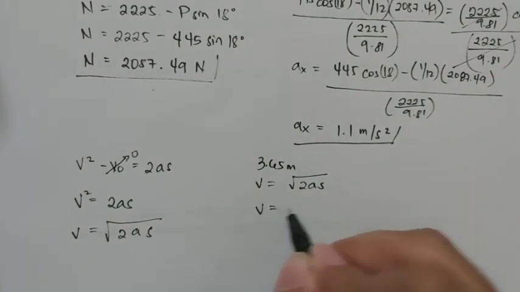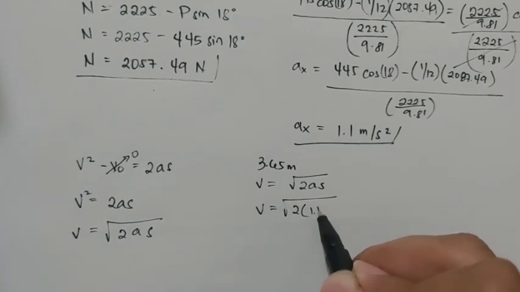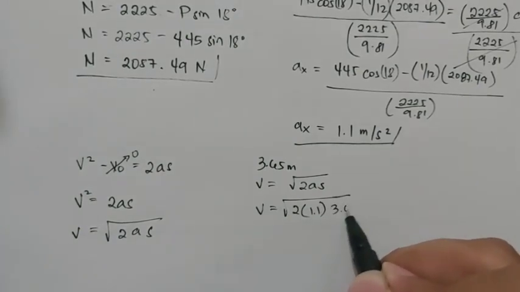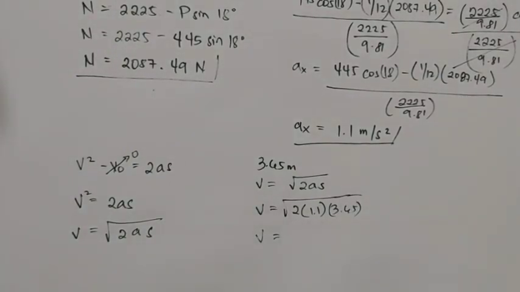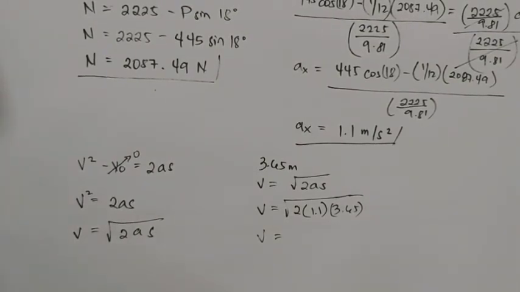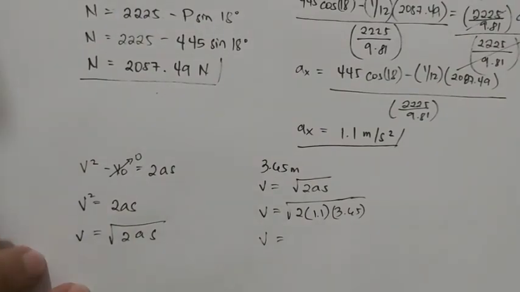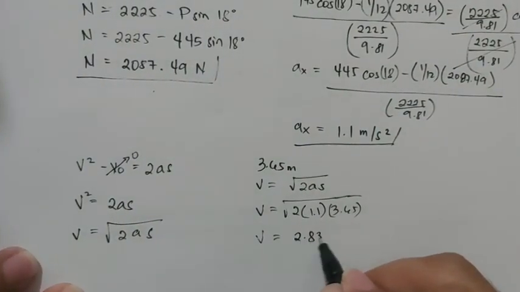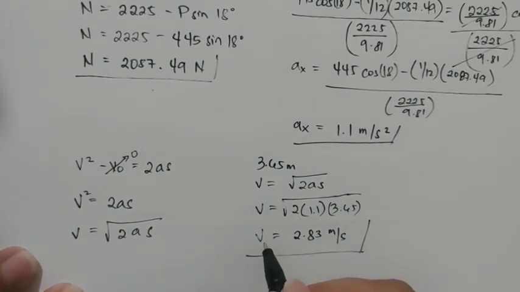So v is equal to the square root of 2 times 1.1 times 3.65 meters. You can get that the velocity is 2.83 meter per second. Let's label this as velocity 1.